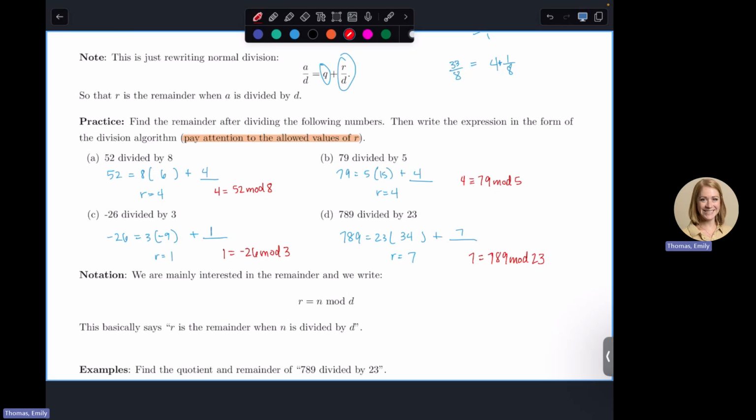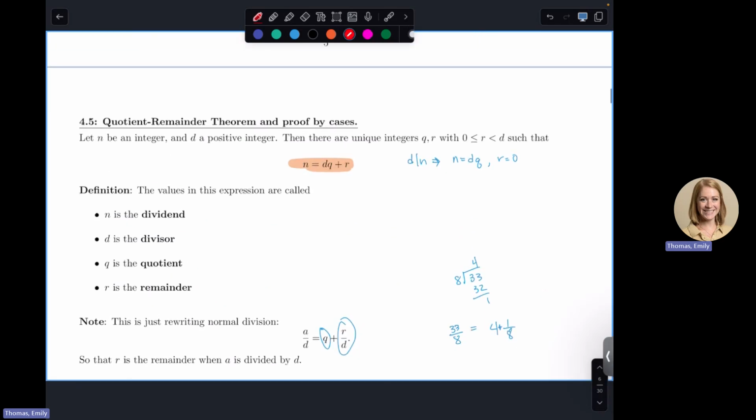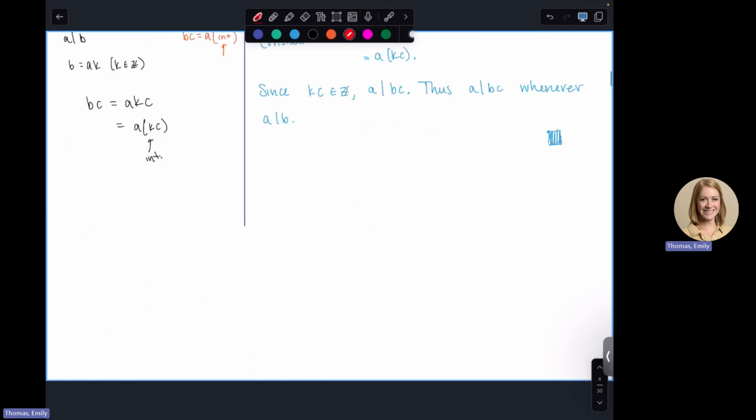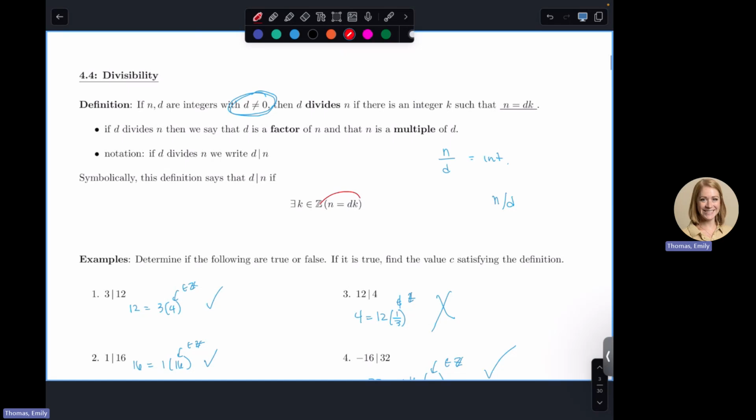If we go back and look at any of this other stuff that we did today, let's go back up to the divides definition. If this is true, what is the remainder? What is n mod d?